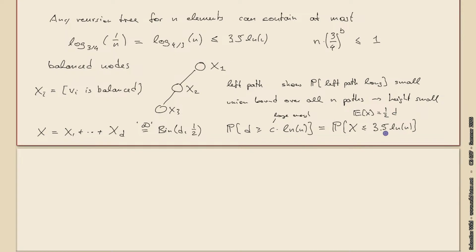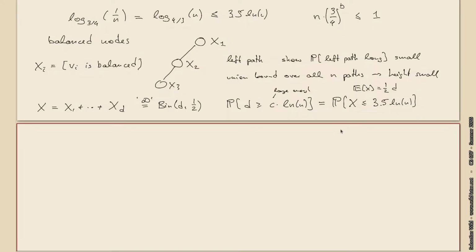And so you can apply Chernoff to this. I don't know, maybe we pick 7 ln n. So it's 14, so it's twice as big. Just to make up some numbers.